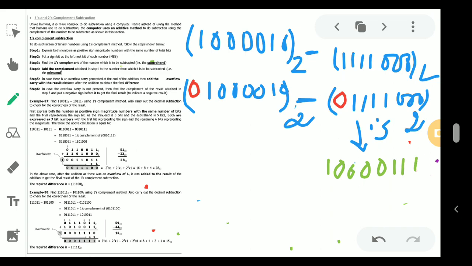So this becomes the ones complement of the second number. Then we add this number with the first number, that is 0 1 0 0 0 0 1 0.